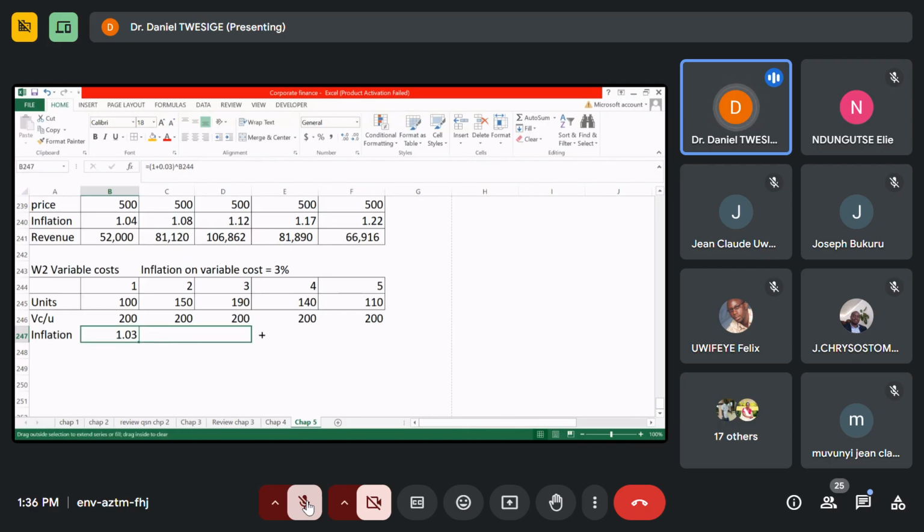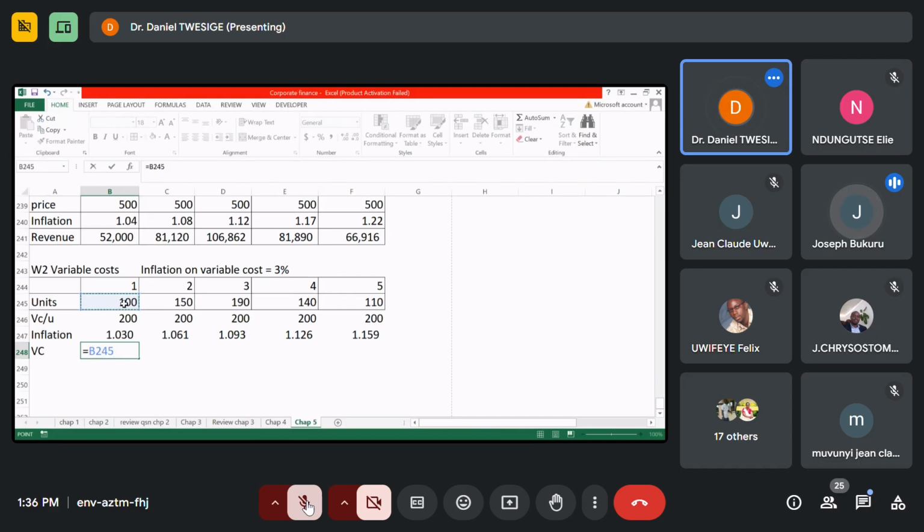So what is going to be the variable cost in nominal terms?